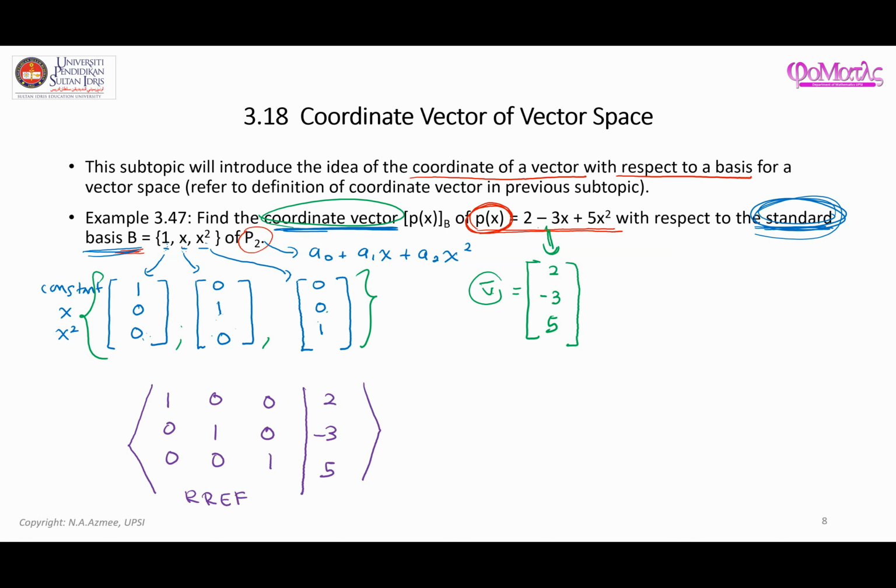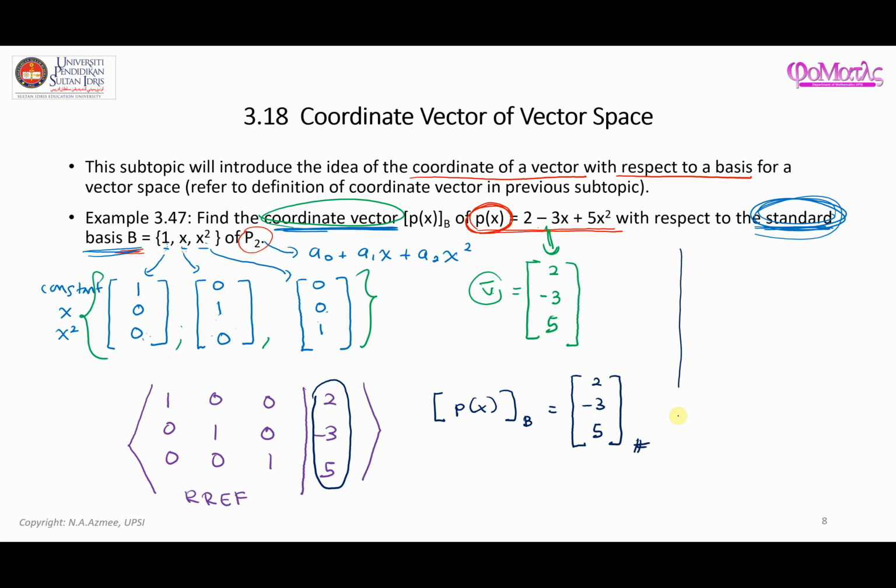You don't have to do any operations anymore, therefore the answer can be obtained straight away. So the coordinate vector for p(x) with respect to the basis is given by 2, negative 3, and 5. Right, so this is the answer.